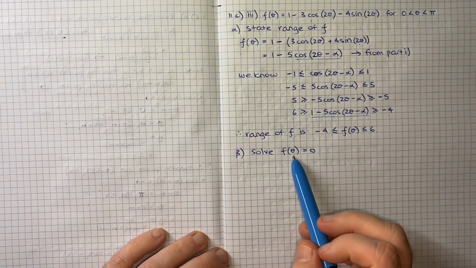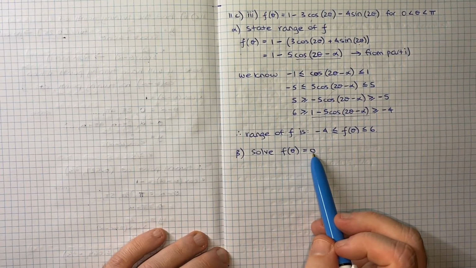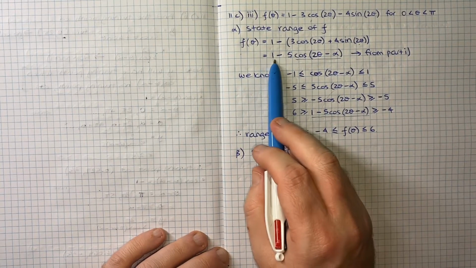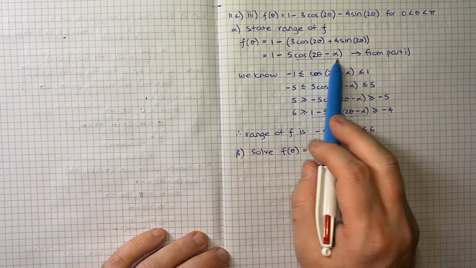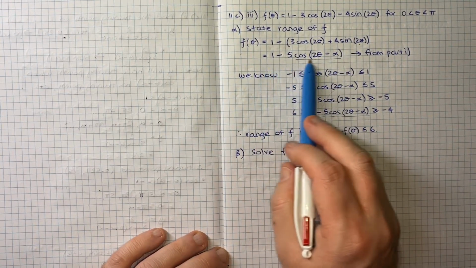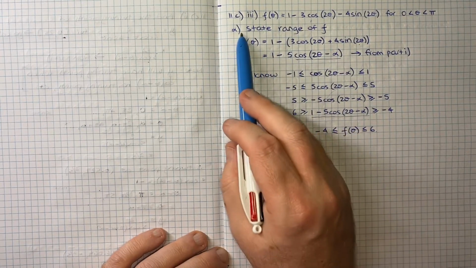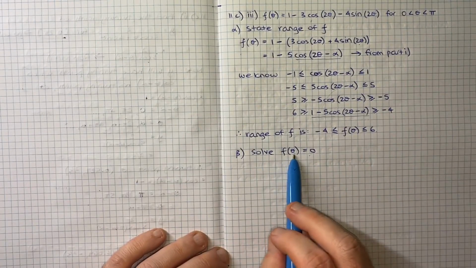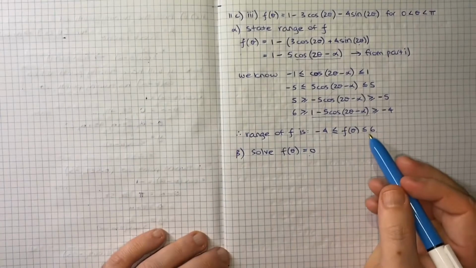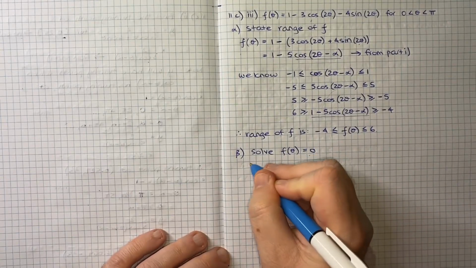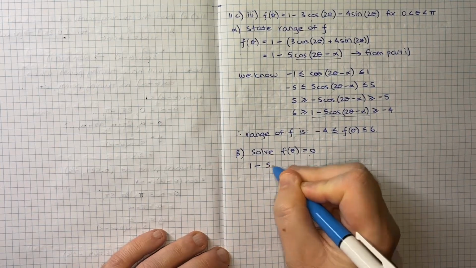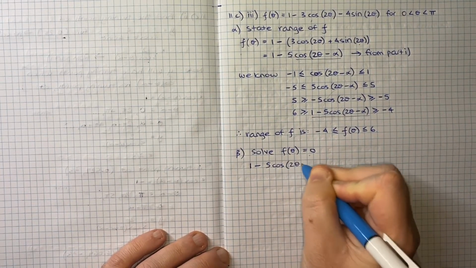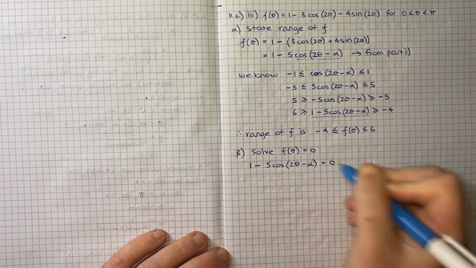So here we're being asked to solve f theta equals 0, and I think a natural first step is to put in our simplified version of f theta that we got to in part alpha when we made use of the result in part 1. So if we want f theta equal to 0, that's essentially the same as saying that 1 minus 5 cos 2 theta minus alpha is equal to 0.